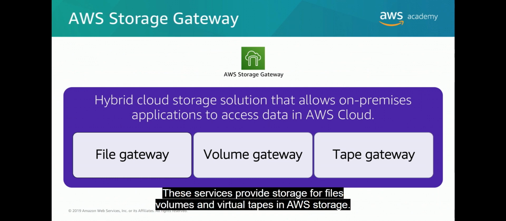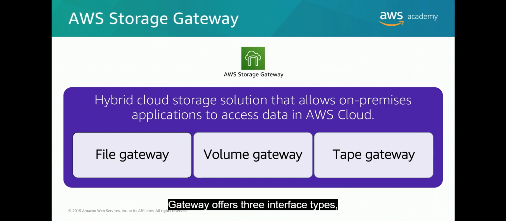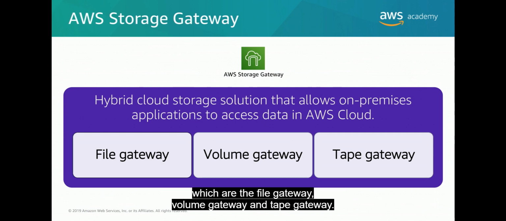These services provide storage for files, volumes, and virtual tapes in AWS. Storage Gateway offers 3 interface types, which are the File Gateway, Volume Gateway, and Tape Gateway.